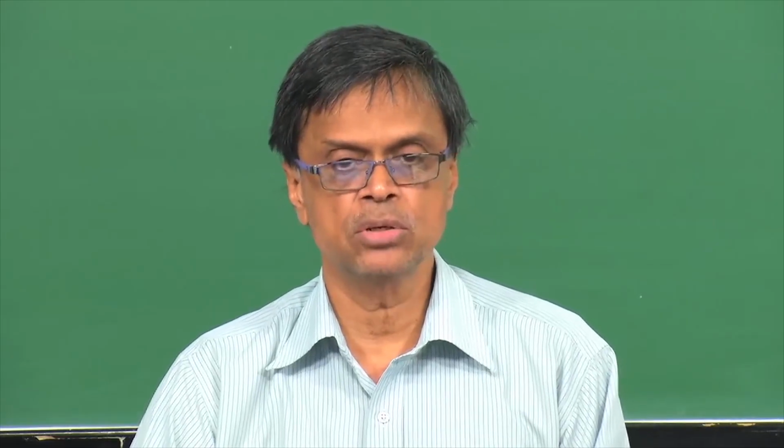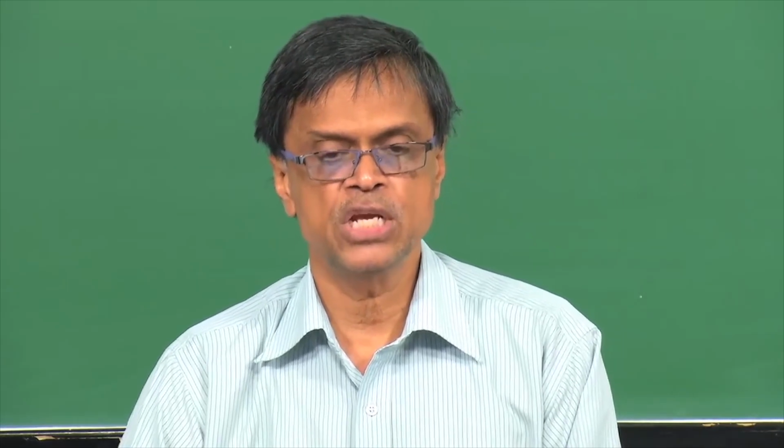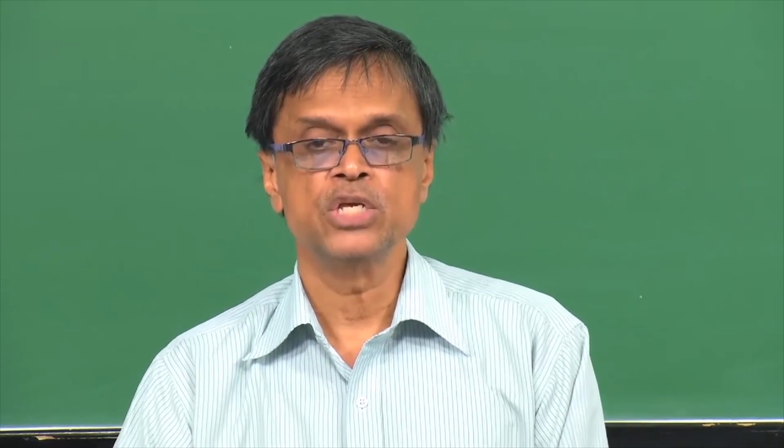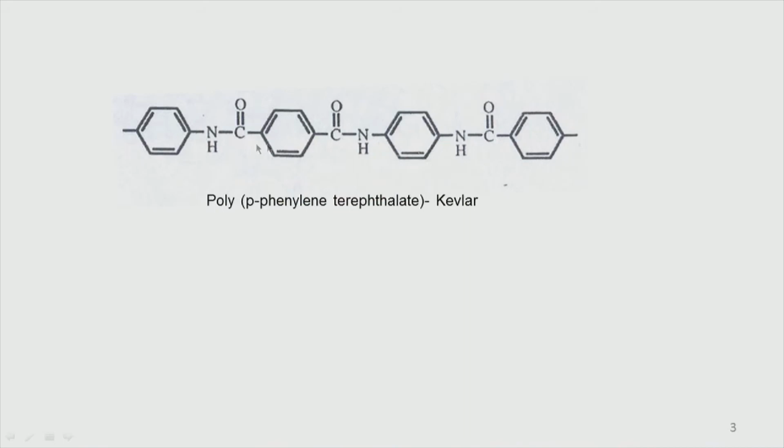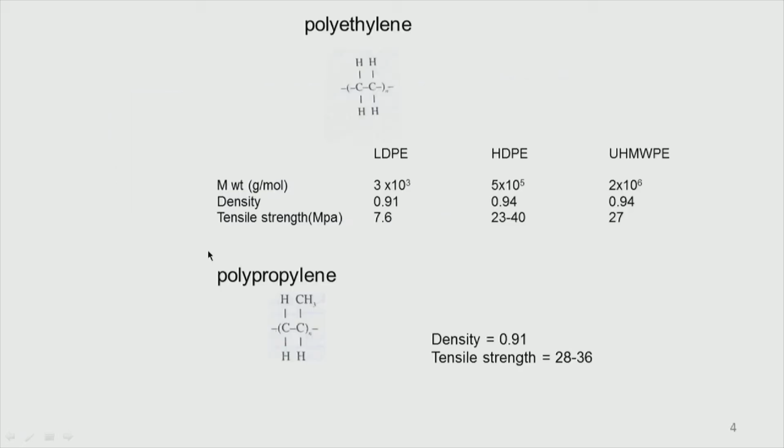They have very high tensile strength. You can make it into fibers, and then we can spin it to make fabrics out of this. So, that is called polyparaphenylene terephthalate. This is the para group, this is the terephthalate group, and then phenylene, nitrogen is there.